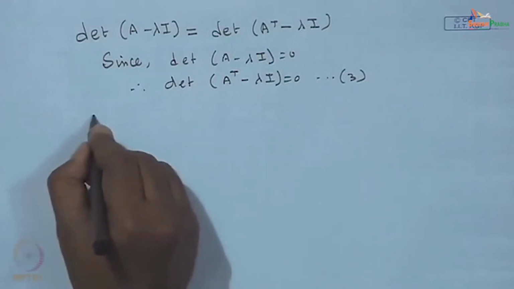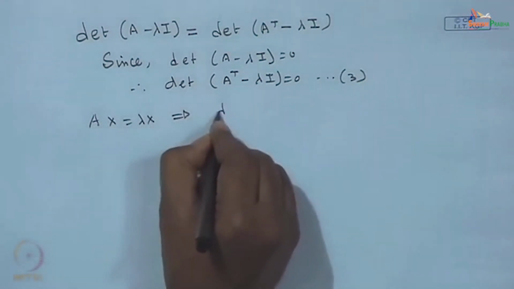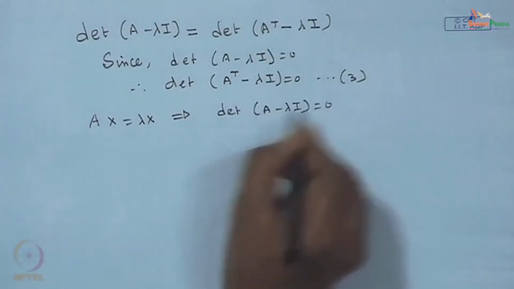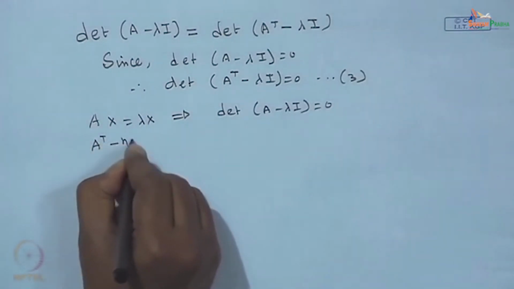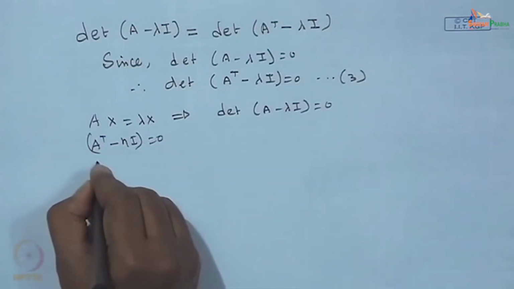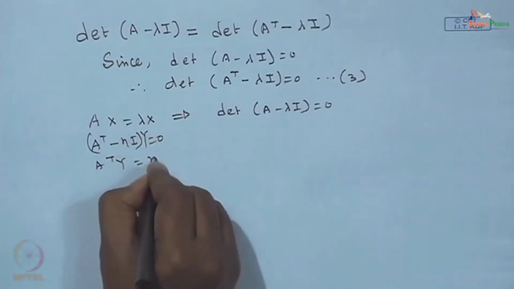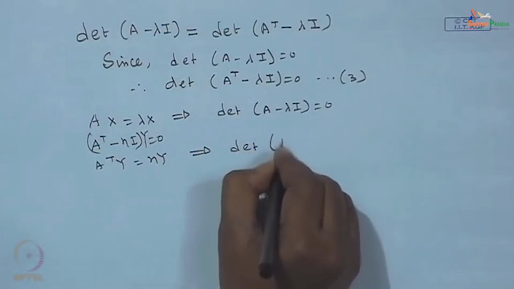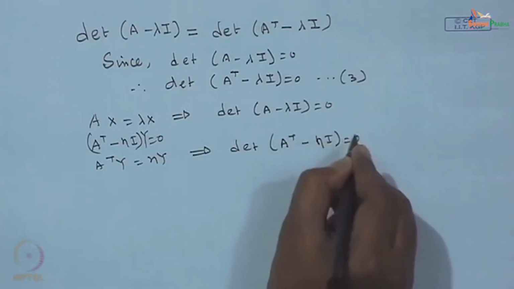So, whenever we have written that A x is equal to lambda x, that simply means determinant of A minus lambda I is always 0, and whenever we write A transpose y is equal to eta y, this simply means determinant of A transpose minus eta I is equal to 0.